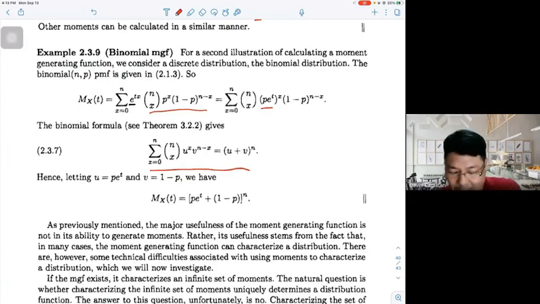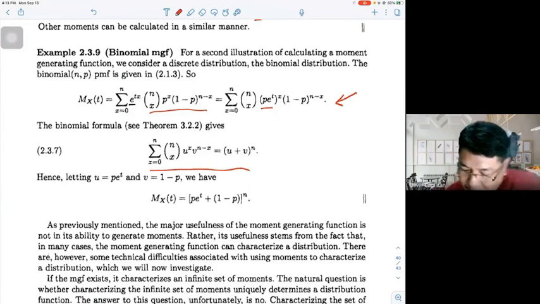So if we look at our expression here, we can take u to be equal to p e to the t, and v to be equal to 1 minus p. Then using this binomial formula, we have our moment generating function of x.